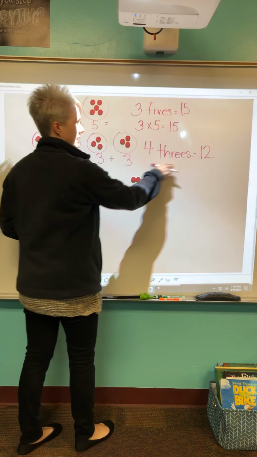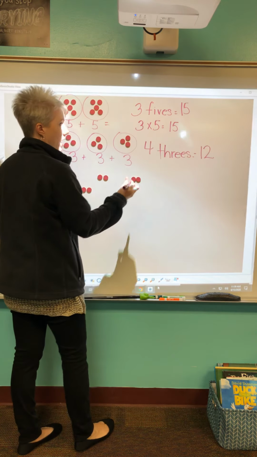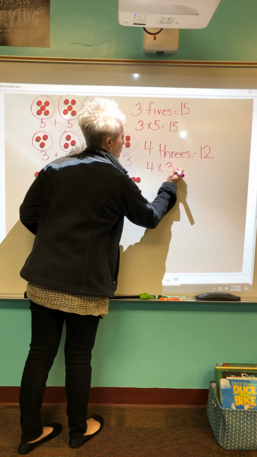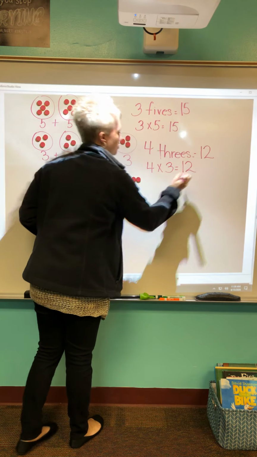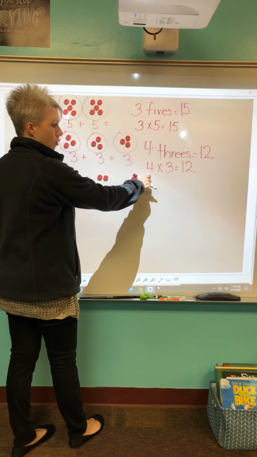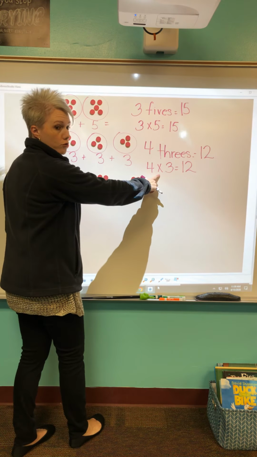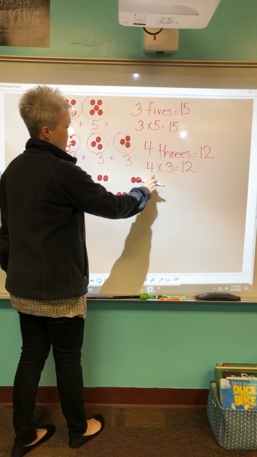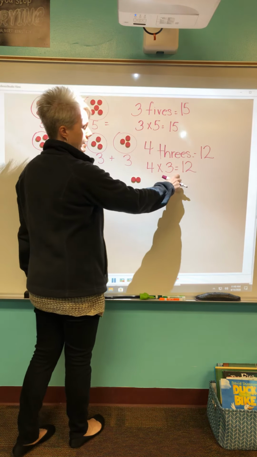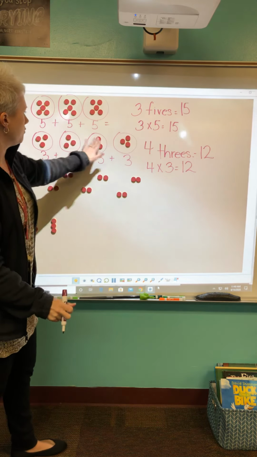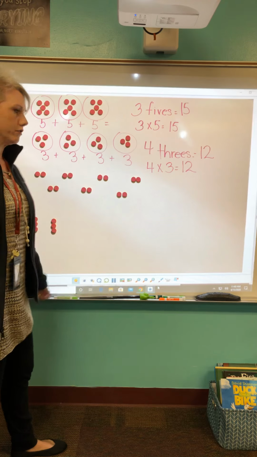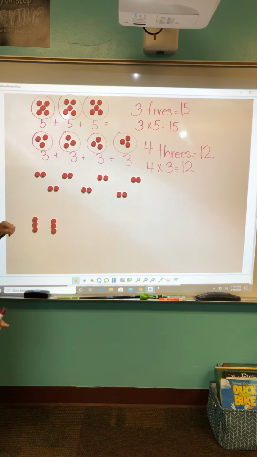Now, this is the same thing as writing 4 times 3 equals 12. Because remember, 4 times equals groups of, which tells us to multiply. 4 groups of 3 equals 12. I have 4 groups of 3. Altogether, I have 12.